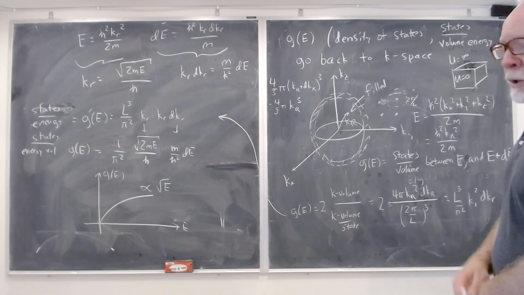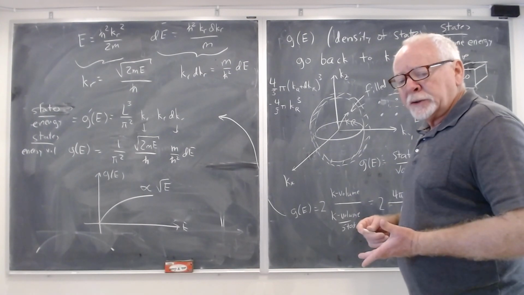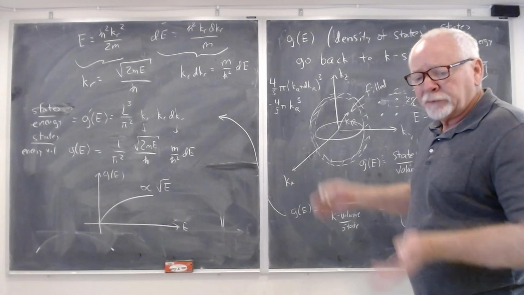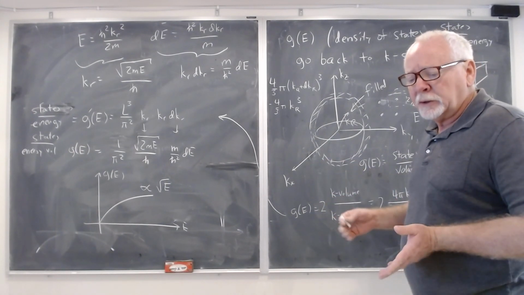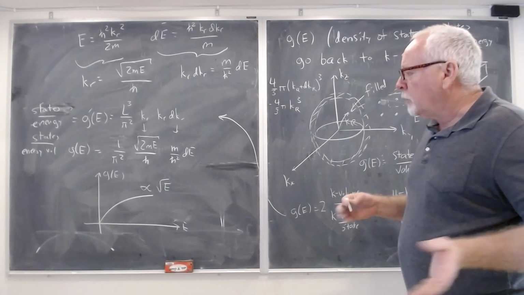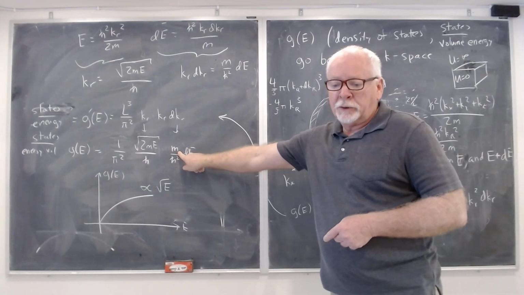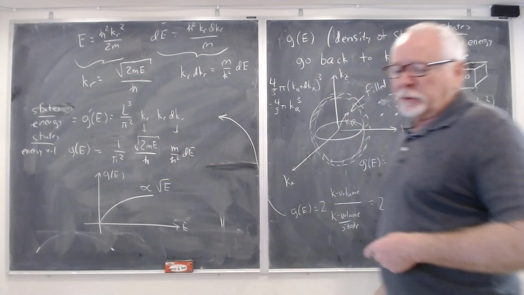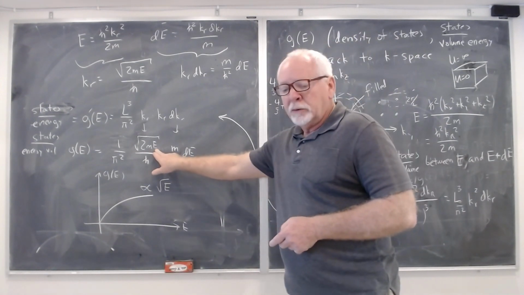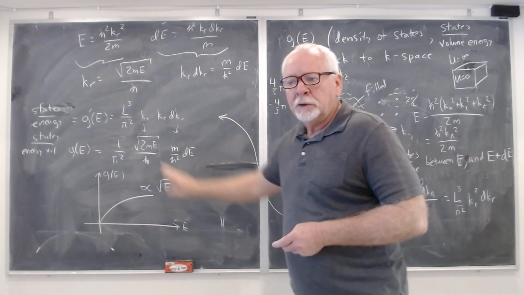All right, we're going to stop here because the next step is to explain how this G of E works when you have conduction bands and valence bands and things like that, which is very simple. First of all, you know one thing already: we're going to replace m with m star. And the other thing is that E now starts at the bottom of the conduction band.